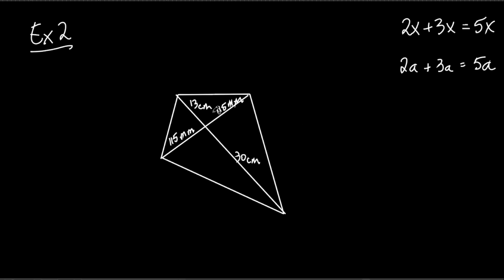So what do we have to do before anything else? I'm going to have to change the millimeters to centimeters. How do I change millimeters to centimeters? Just move your decimal to the left. Everybody watch. 11.5 centimeters is the same as 115 millimeters.